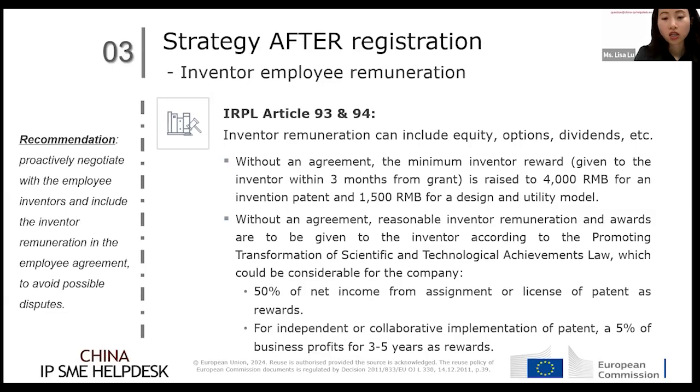As you can see, those rewards are considerable for companies. So you should negotiate with your employees proactively about the rewards, and include the inventor remuneration in the agreement you have with your employee to avoid possible disputes.